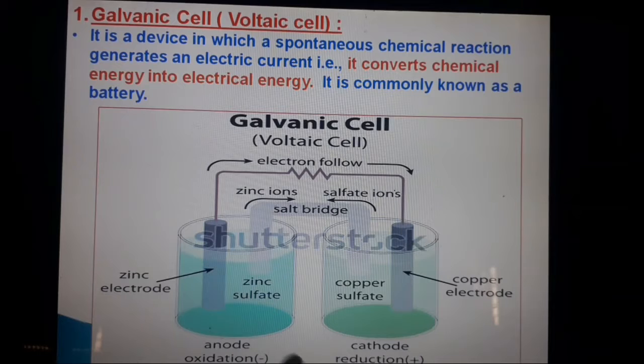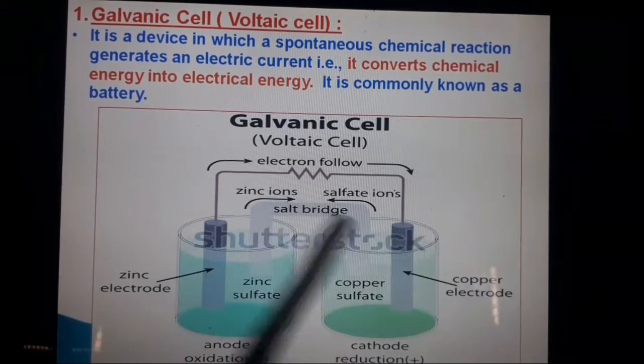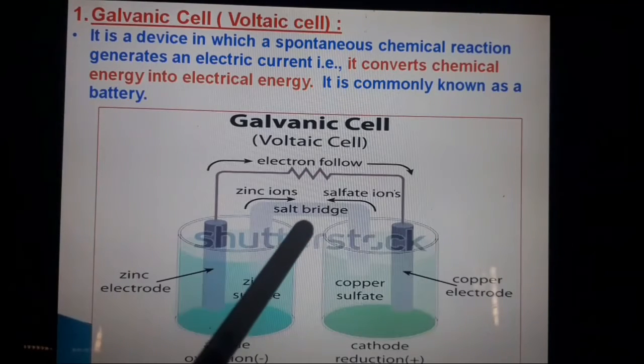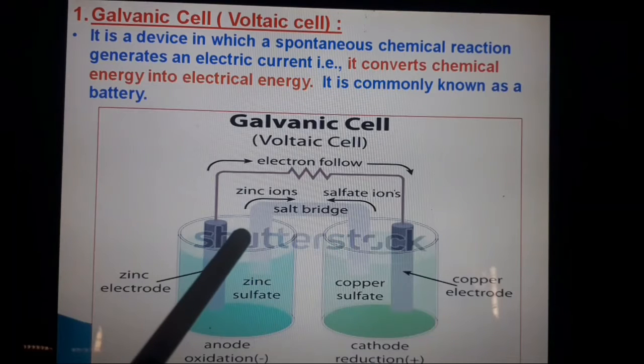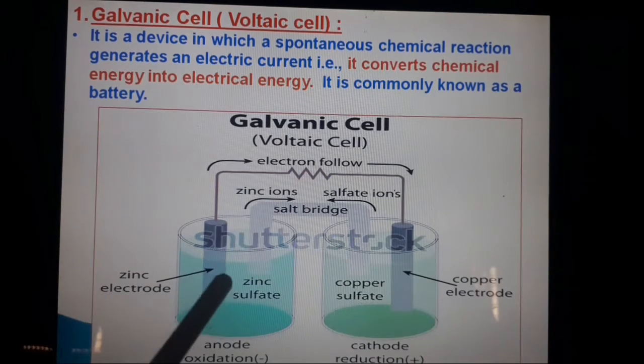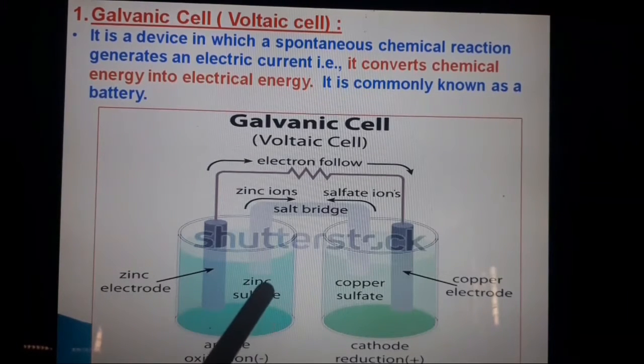Oxidation occurs at the anode and reduction at the cathode. The two solutions are connected with a salt bridge. Through the salt bridge, ions pass from one beaker to another. This is the basic principle of the galvanic cell.